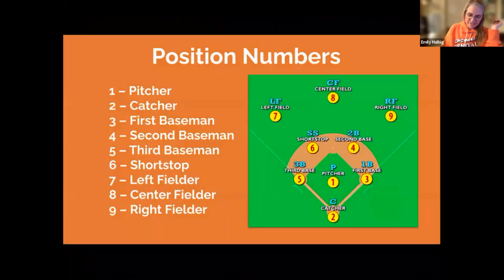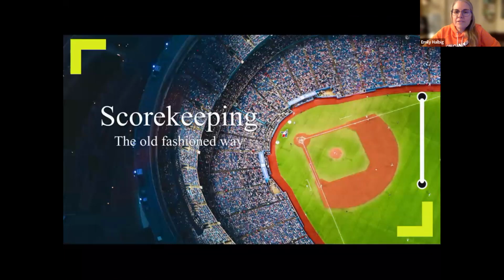All right. So for those of you who haven't kept score on paper, I'm going to walk through the system. Each position is assigned a different number, and then there are abbreviations and codes that you use for every type of play that happens.